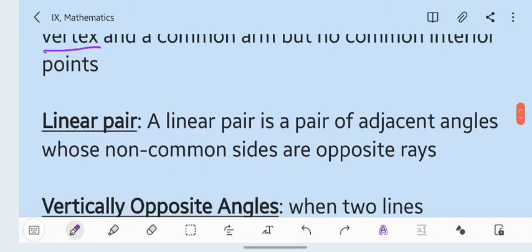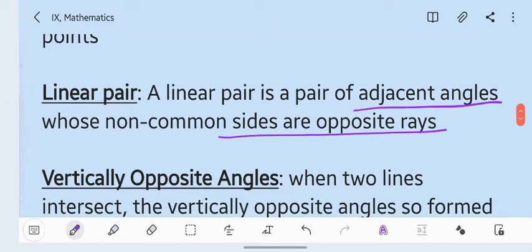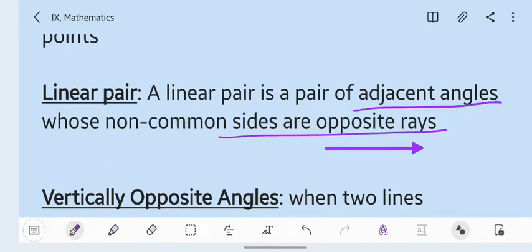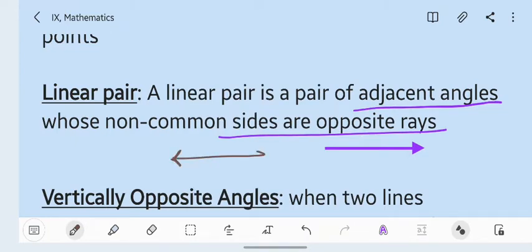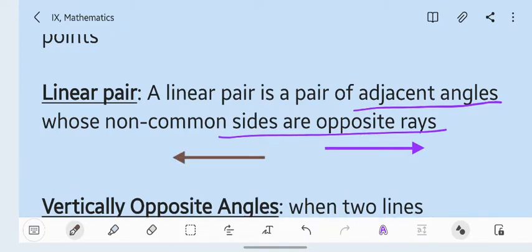Next one is linear pair. A linear pair is a pair of adjacent angles whose non-common sides are opposite rays. Opposite rays, in what sense are they talking about? Suppose I have one ray here, and I'm drawing the second ray like this.